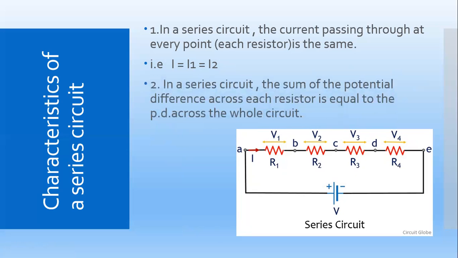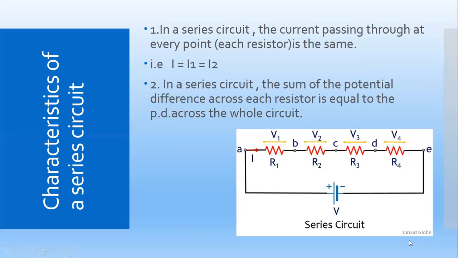The second characteristic of the series circuit is that the sum of the potential differences across each resistor is equal to the potential difference across the whole circuit. For example, if I use a cell of 9 volts, then V1 plus V2 plus V3 is equal to 9 volts.